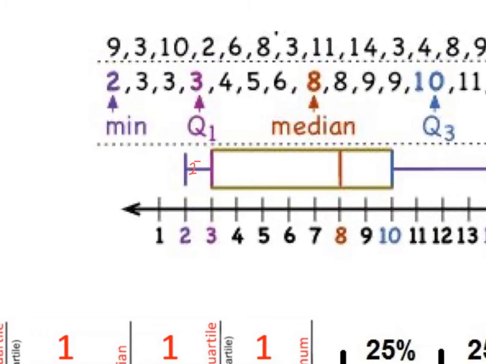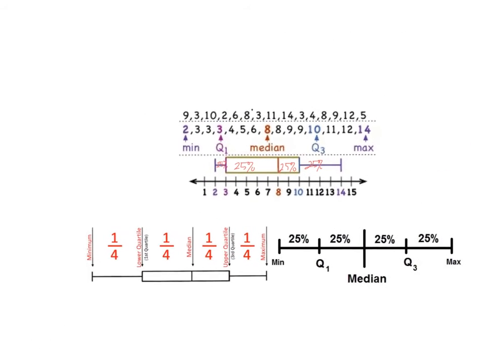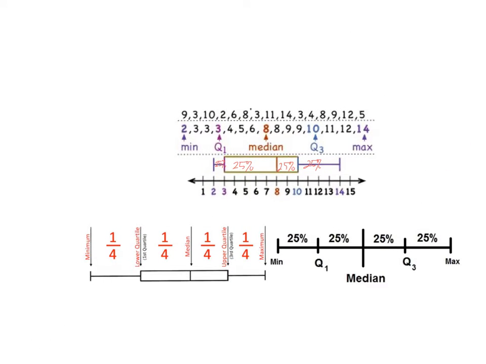So this is still 25%, this is still 25%, this is 25%, and this is 25% of the data. Okay, so there are 4 sections, and each section is worth 25%.